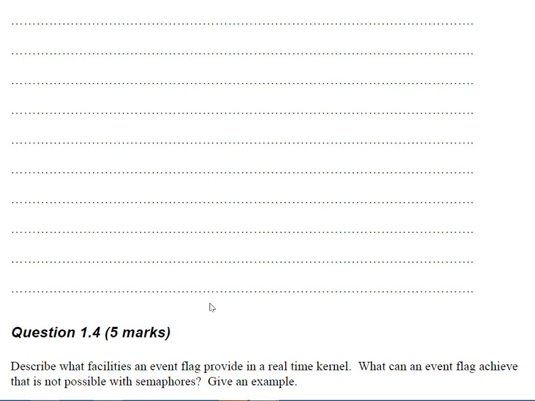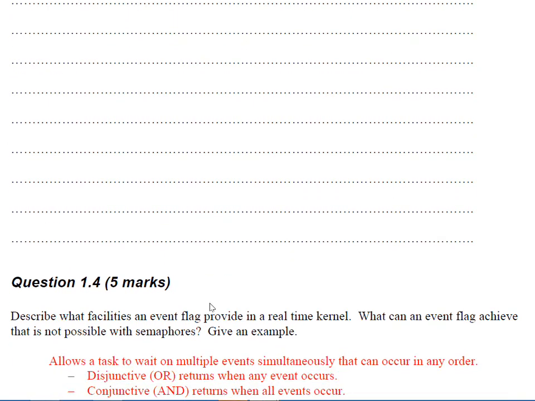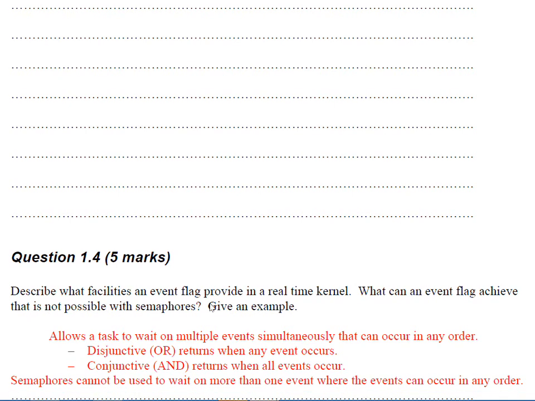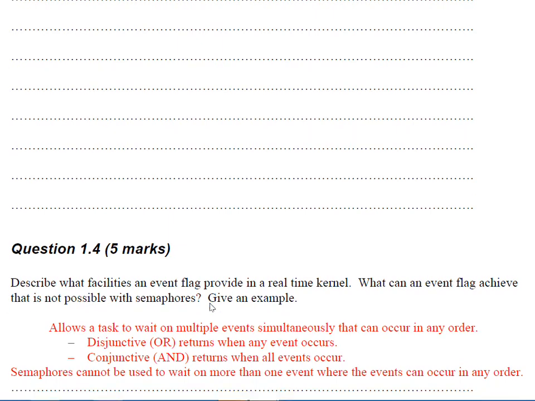You have to pend on semaphore A maybe first and then B, but if A does not occur but B does, you never get through that code. So that's why event flags are particularly useful. You can do an OR, which is the one we were just talking about, which allows you to choose any one of the events as a way of unblocking.